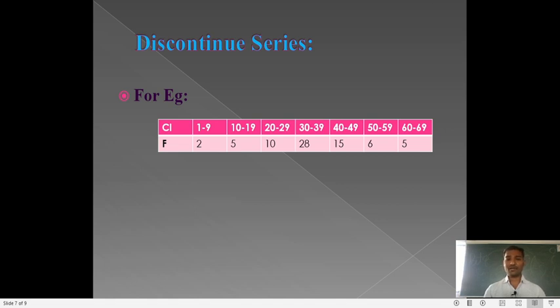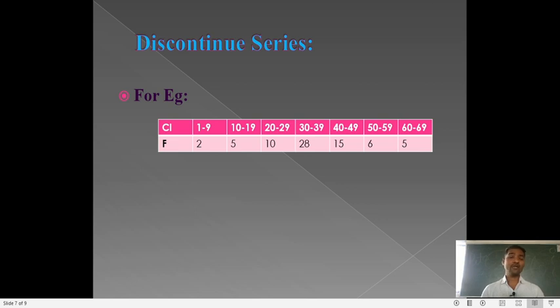So it is not continuous. It is a broken series. So how do we make this series continuous? If we are going to solve a numerical problem, at that time we have to convert this type of data series into a continuous series. It is also called an inclusive type data series, and we have to exclude that gap.